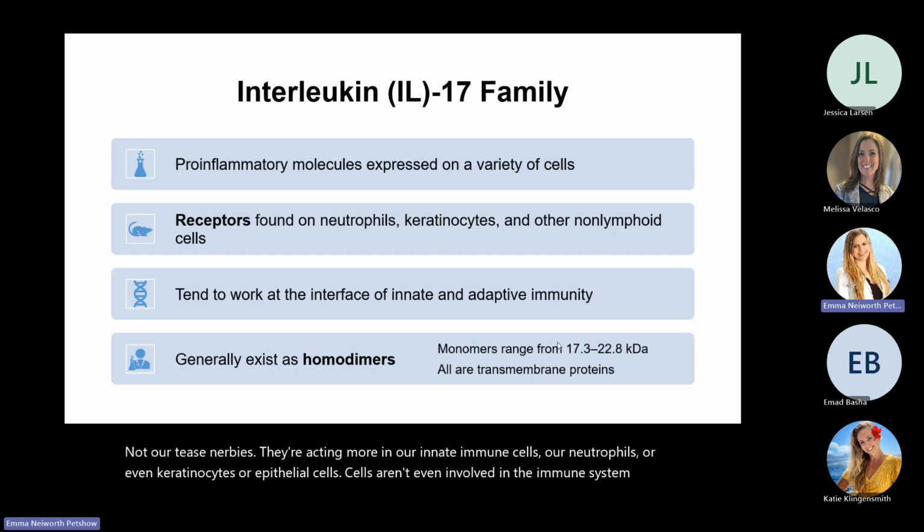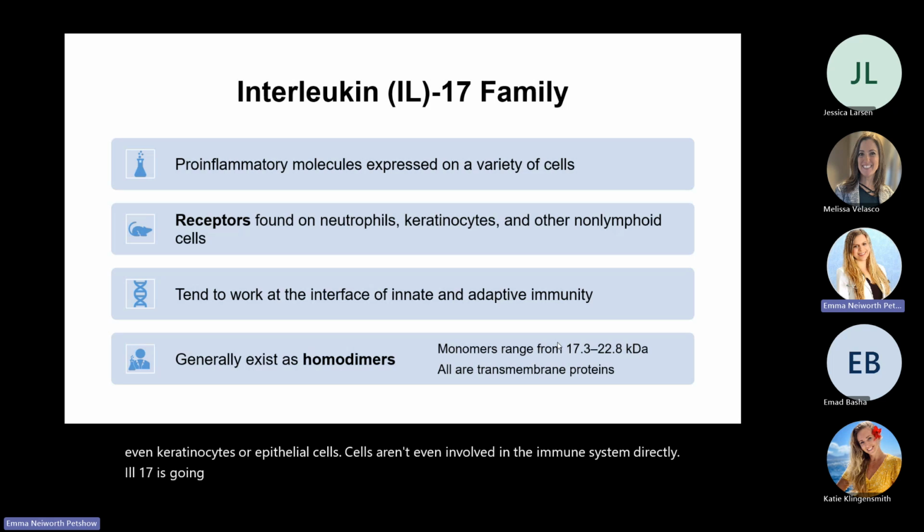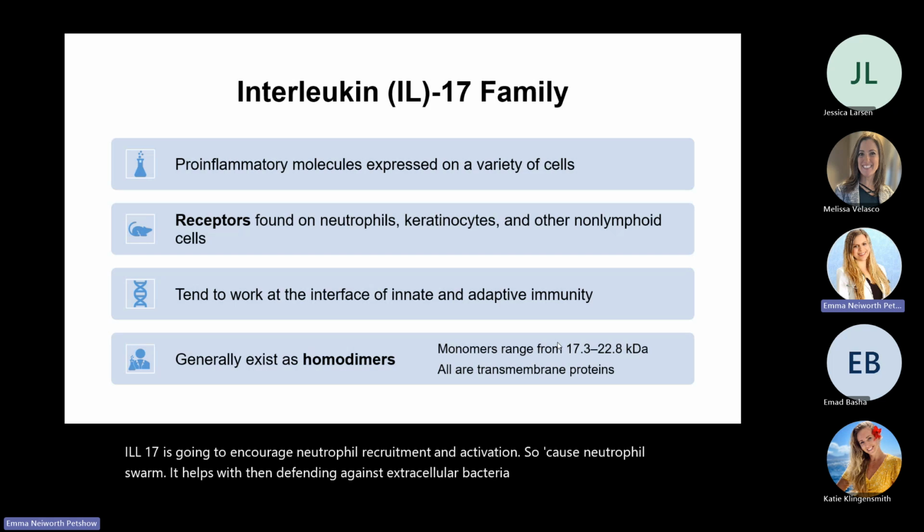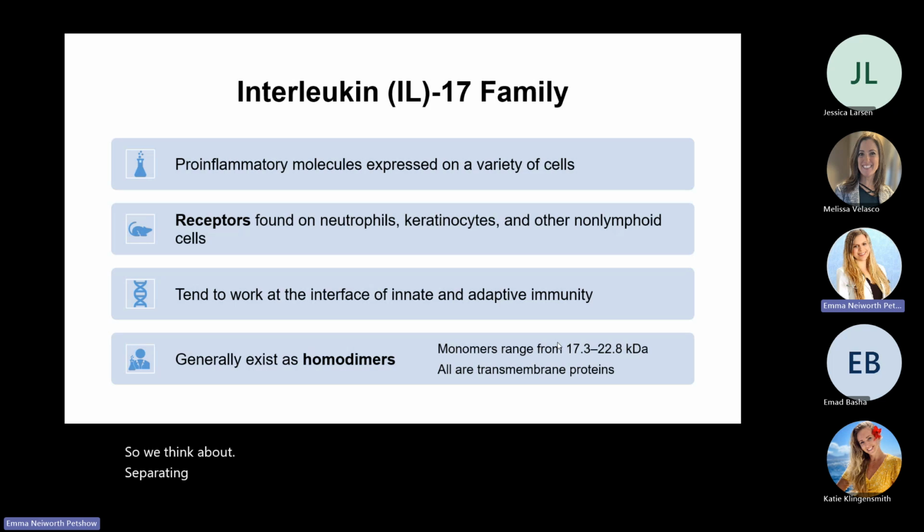IL-17 is going to encourage neutrophil recruitment and activation, so it causes a neutrophil swarm. It helps with defending against extracellular bacteria and fungi. We often see IL-17 signaling associated with chronic inflammation as well as autoimmunity. So thinking about separating this out, it's pro-inflammatory like IL-1, IL-6, and TNF alpha.